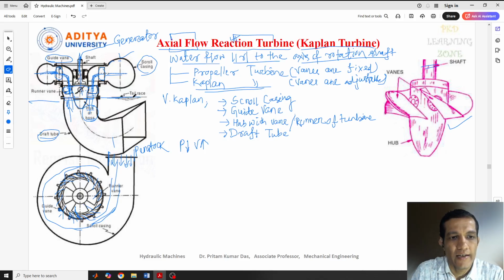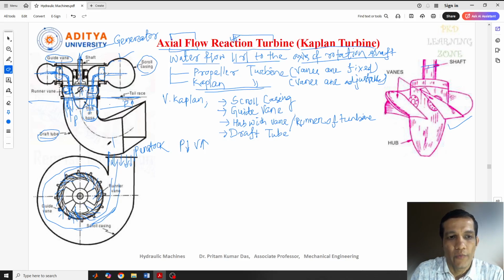You can see the tail race at this point, at some bottom point of this. A draft tube is attached at the outlet of the runner to the tail race, so that the exhaust of this water will come out from the runner and go to the tail race. It will be helpful when the pressure of the water is equal to or more than the pressure of the liquid present in the atmosphere.